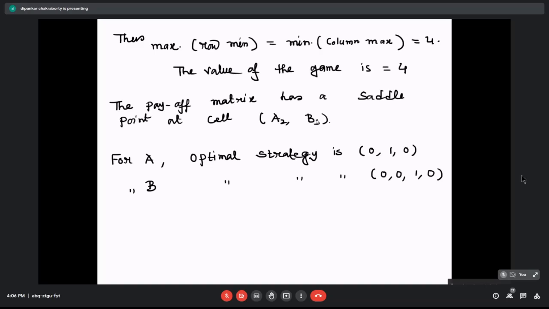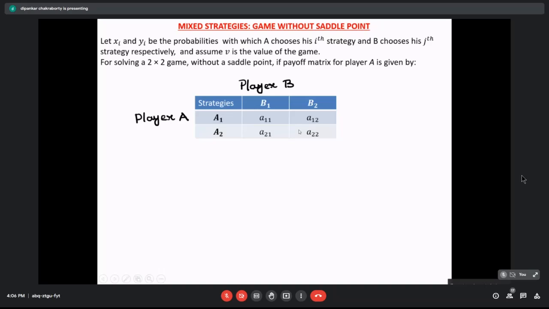The first example we have chosen is a very simple example where everything is smooth. Player A and player B are choosing strategies so that player A tries to get that 4 and player B also tries to lose that money 4. That is the game the first problem we have seen. But this is not the scenario every time.